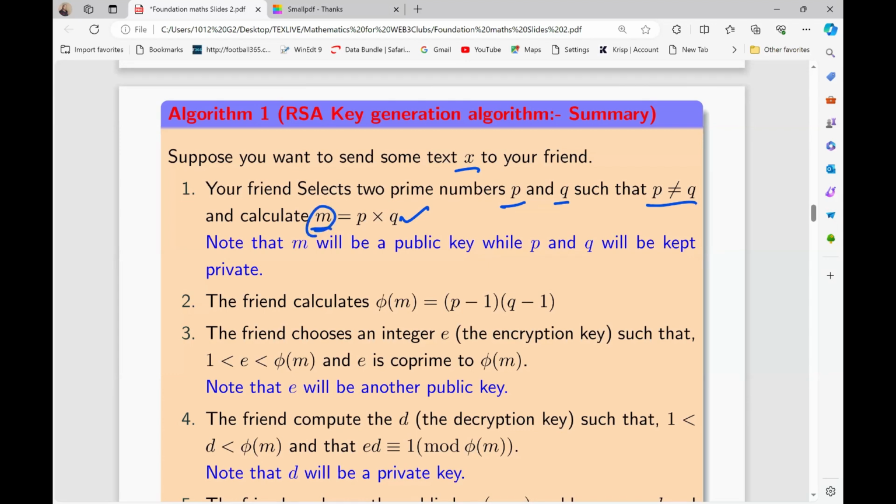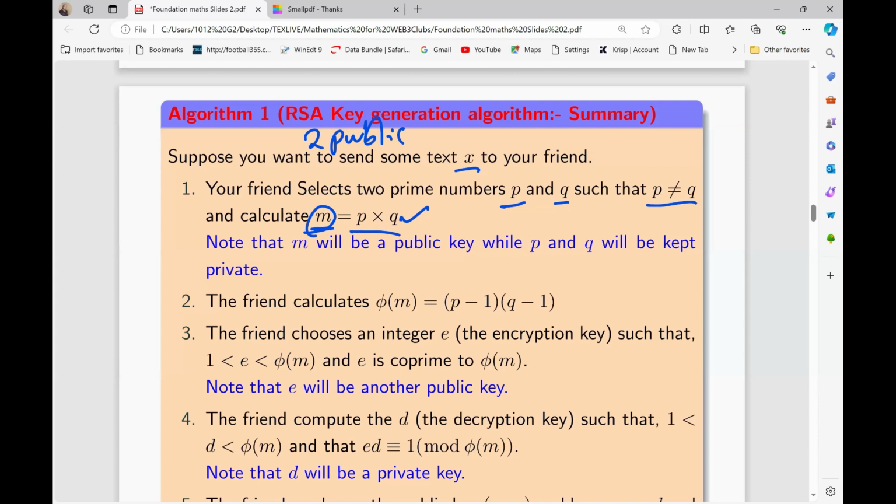That's the message you have. So you do not send this message before you encrypt it. You have to encrypt it.